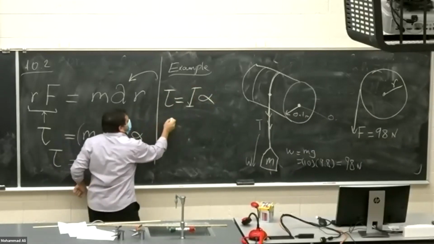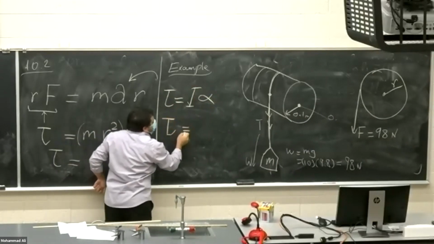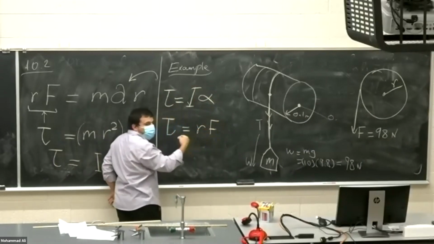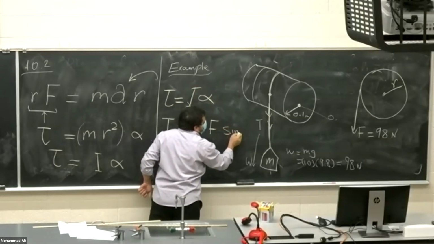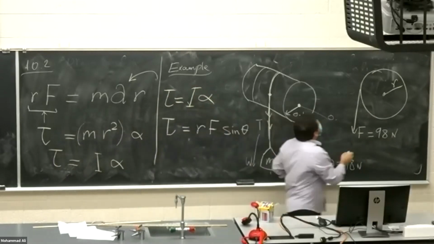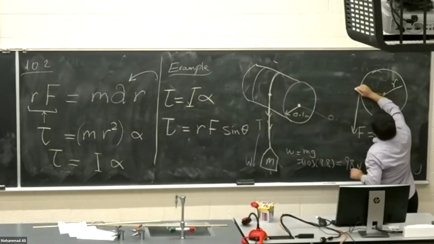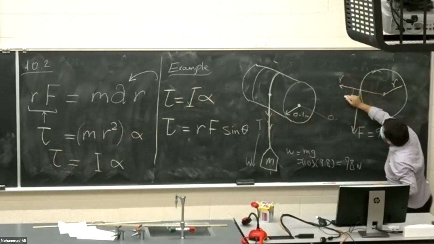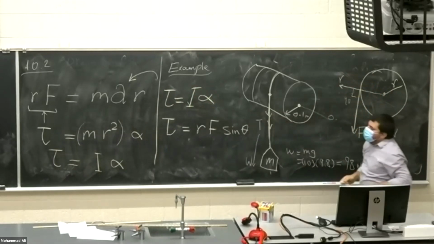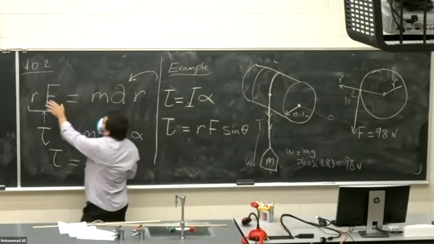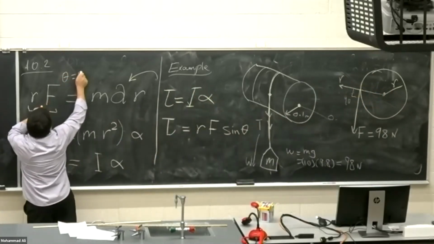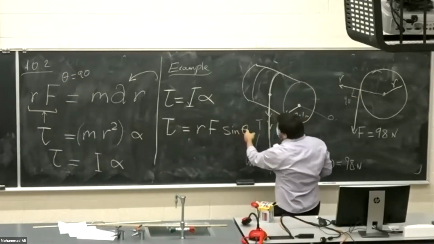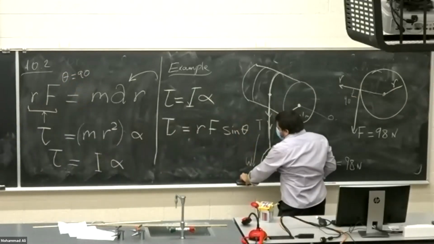The torque is also equal to R multiplied by F multiplied by sine theta. This is R, and this is F. Theta is 90 degrees here, so sine theta is equal to 1.